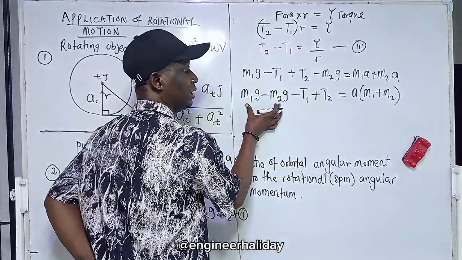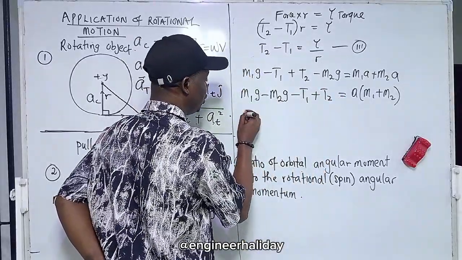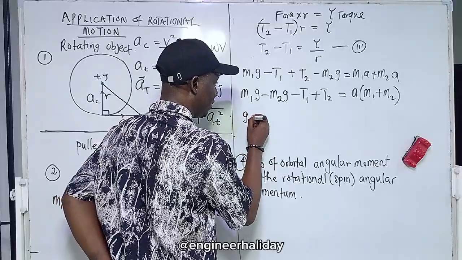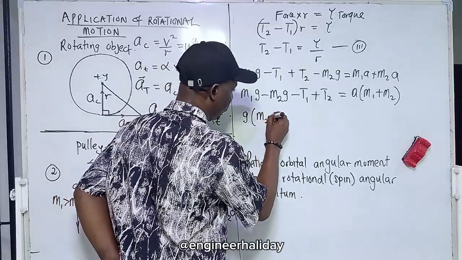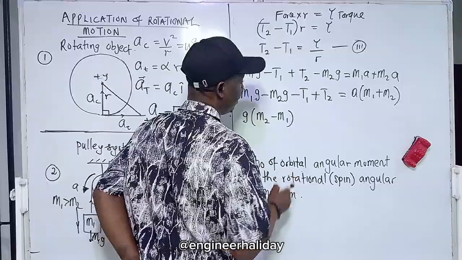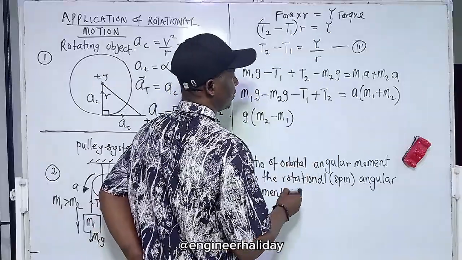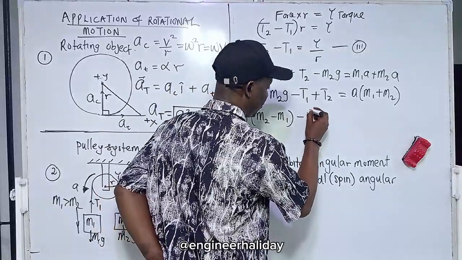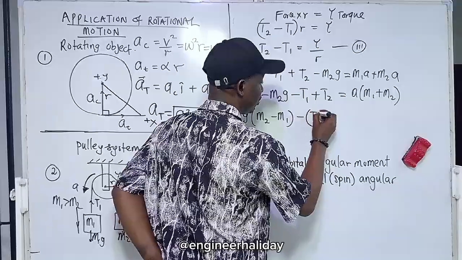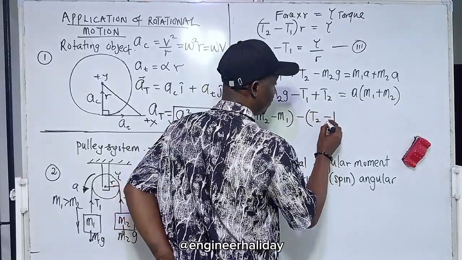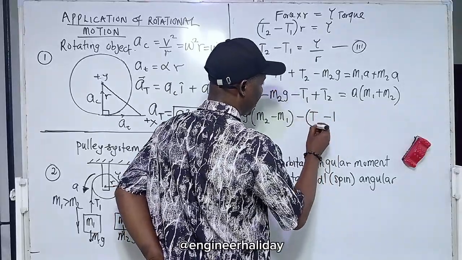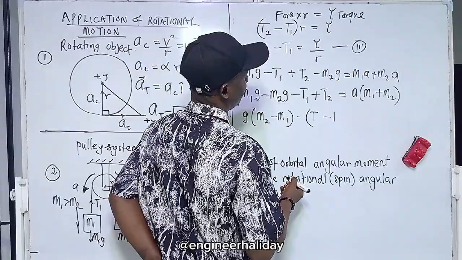Now, look at the board. What is common here? G. We should have M1 minus M2. What is common here? If you bring minus out, what do you have?